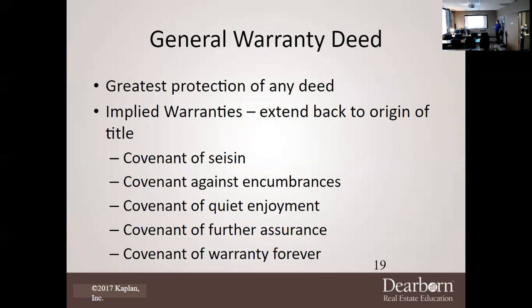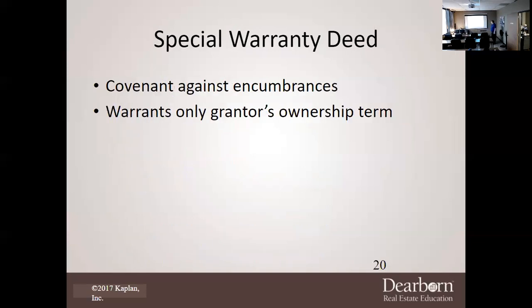So there are multiple covenants in regards to encumbrances, quiet enjoyment, further assurance, warranty, seisin. All of these are giving you different covenants that allow you to go back, and at any point, should there be any issues with this, they will remedy that matter. Does that make sense? Okay.